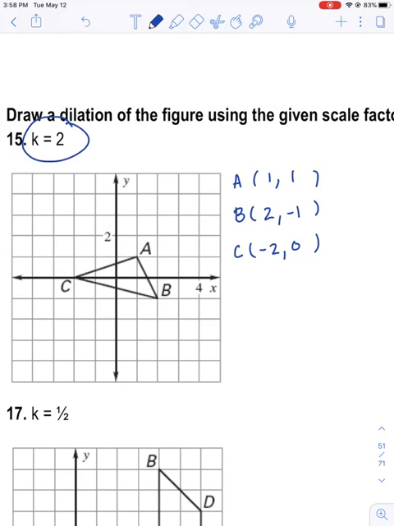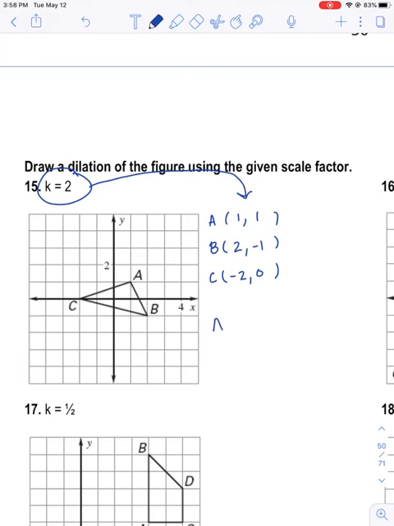And then they give you the scale factor. So what we just did on the previous page, now multiply everything by 2 and draw the new dilation. So you have to actually list out the points. That's part of your answer. Say what A prime, B prime, and C prime are. That's half your answer. The other half of your answer is actually graphing it and plotting it.